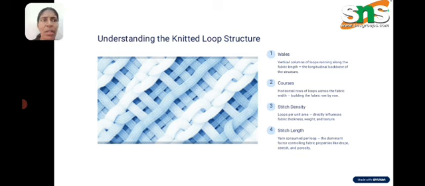Stitch density, loops per unit area, directly influences fabric thickness, weight and texture. Then fourth one is stitch length, yarn consumed per loop, the dominant factor controlling fabric properties like drape, stretch and porosity.